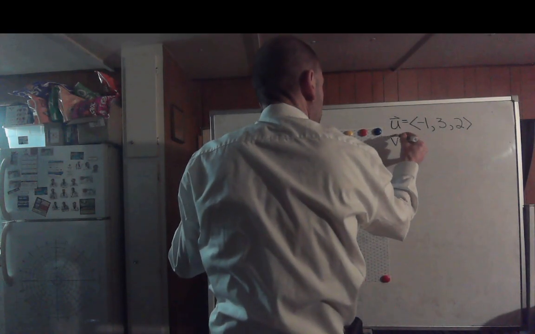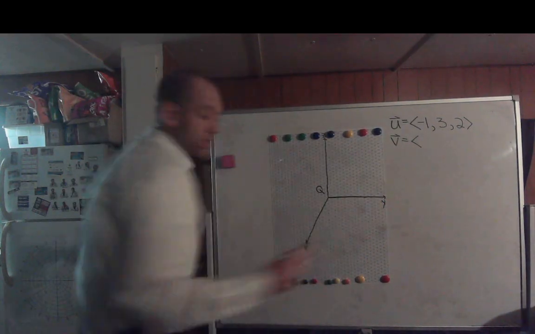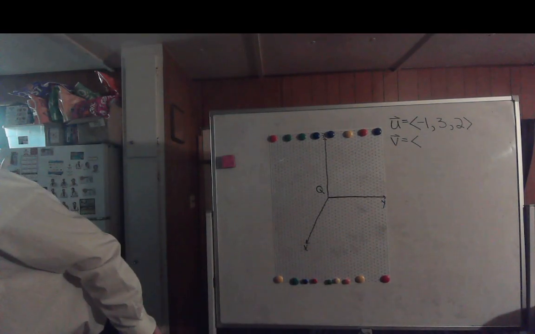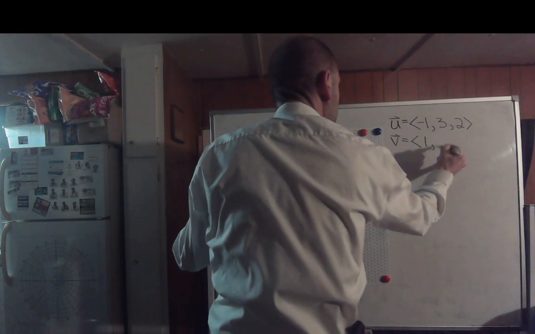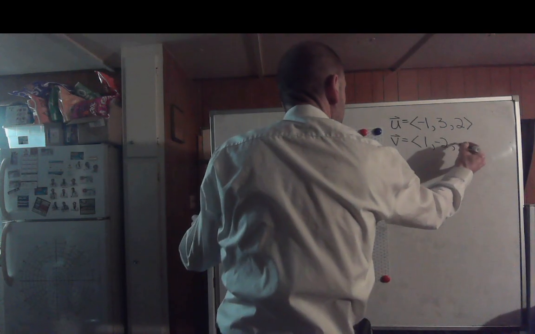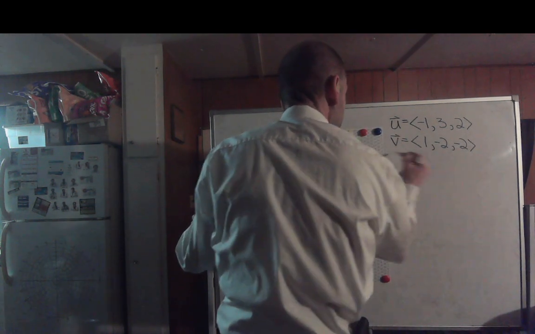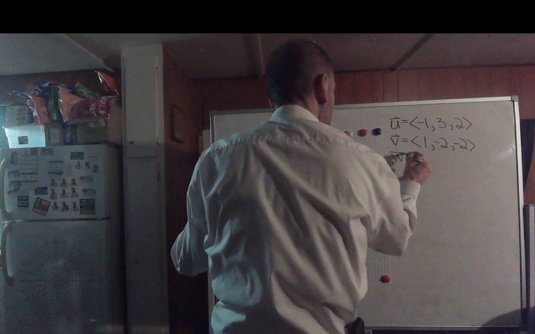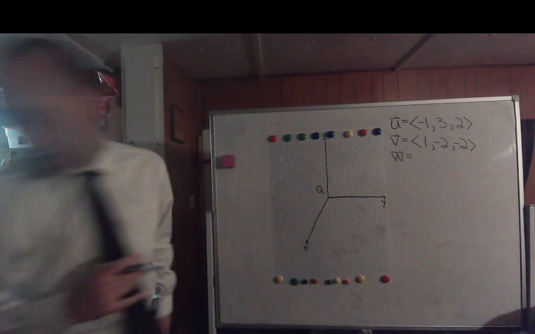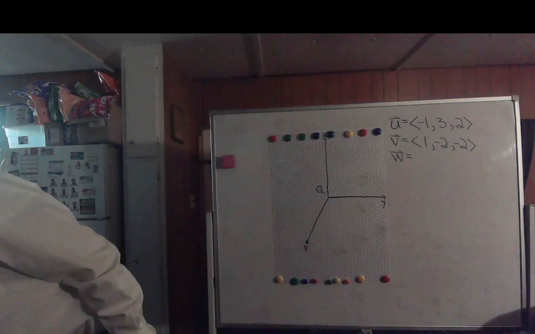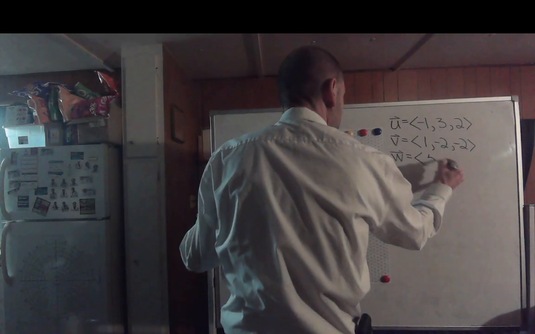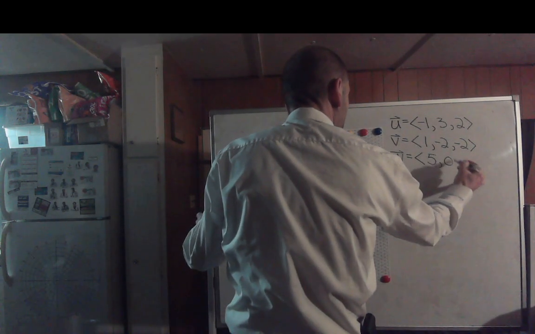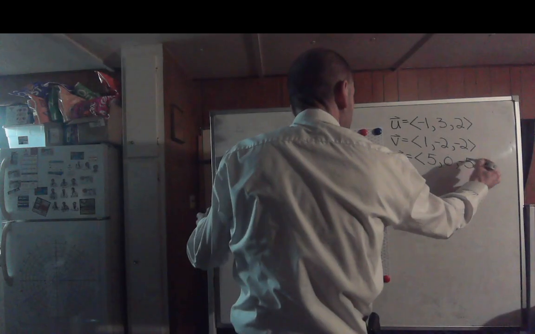Vector v equals 1, -2, -2, and then we have a vector w. Vector w is going to be 5, 0, -5.